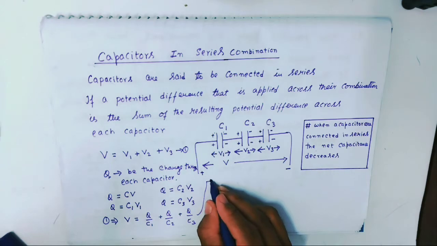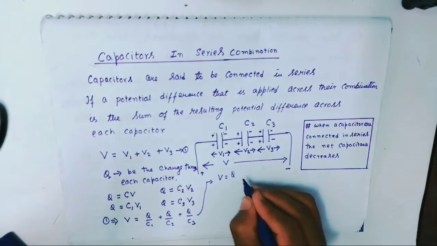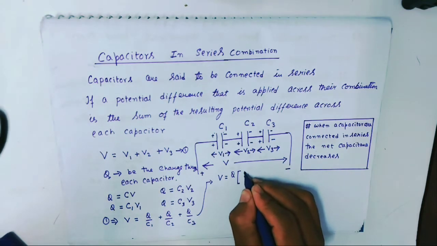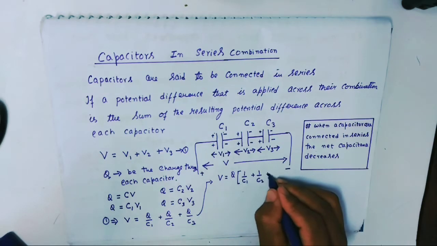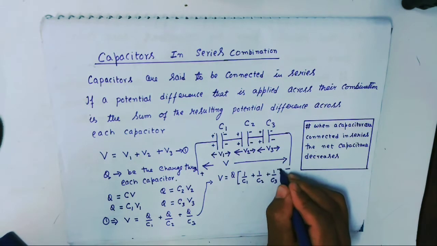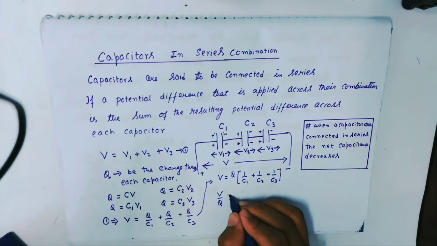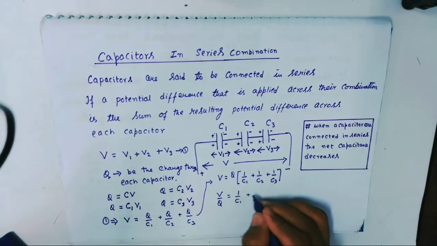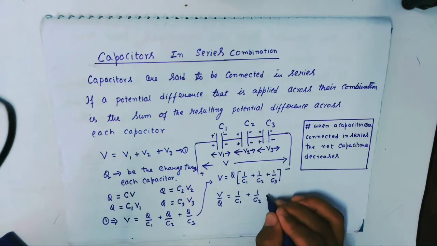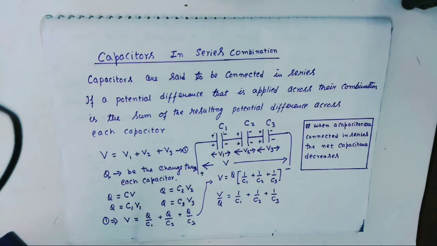Then from here we can write V. We can take common Q. So here we can write 1 by C1, 1 by C2 plus 1 by C3. Then we can write V divided by Q. This one is 1 by C1 plus 1 by C2 plus 1 by C3. But what is this V by Q?